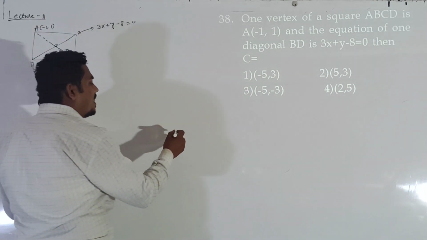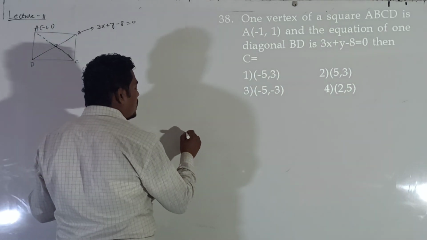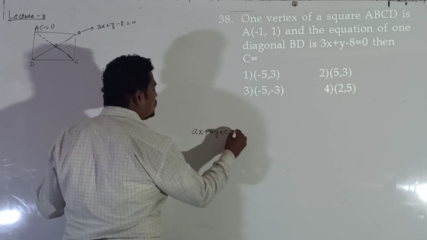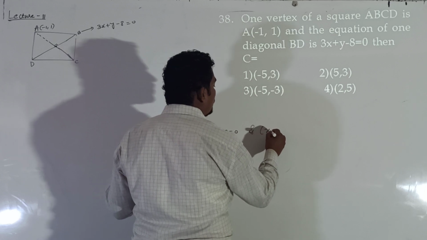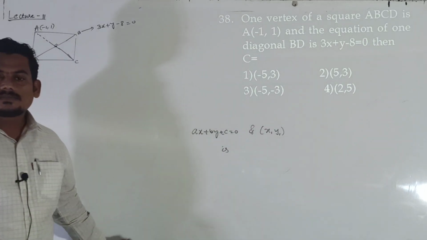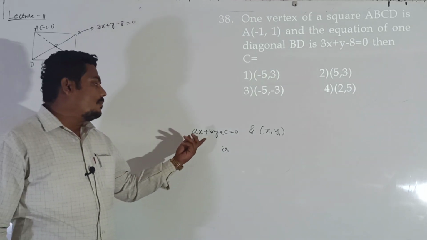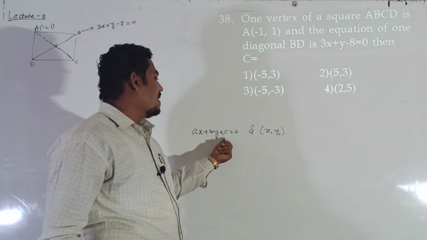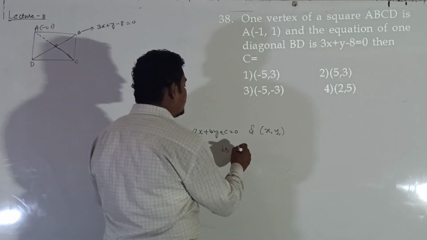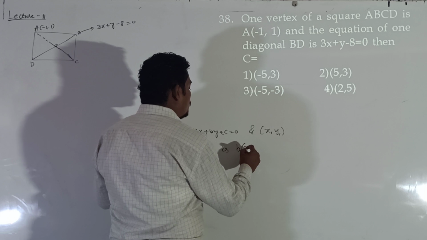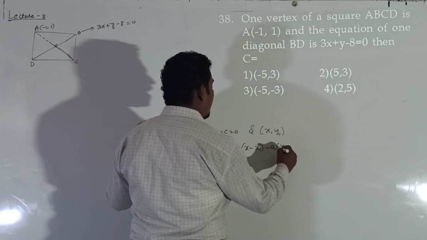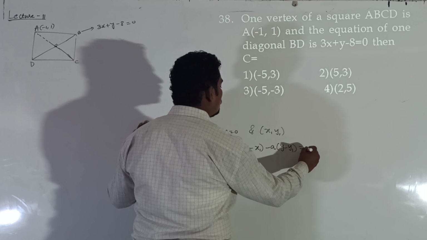Already you know the equation of the line perpendicular to ax plus by plus c equal to 0 and passing through the point x1 comma y1, you have a shortcut formula. Equation of the line perpendicular to ax plus by plus c equal to 0 and passing through the point x1 comma y1 is b into x minus x1 minus a into y minus y1 equal to 0.